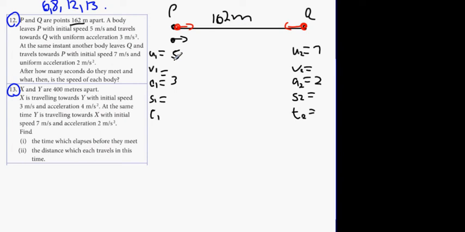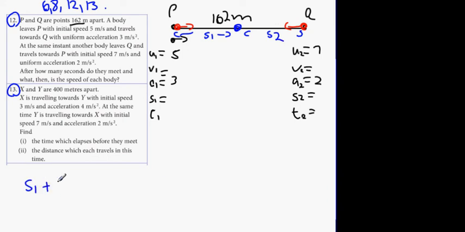The one with 7 starts off faster, but eventually the one from P will go faster, after 2 seconds. After 2 seconds, this one will be on 11, because 5 plus 2 times the acceleration is 11, and this one will also be 11 after 2 seconds. So we're just taking a guess. It's somewhere in the middle, or either side of the middle. It doesn't matter. Let S1 be the distance from P, and S2 be the distance from Q.